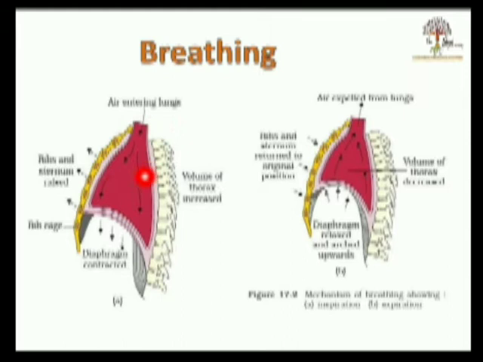Mainly in case of inhalation, as all the structures remain attached to each other, they are pulled downwards, and then the volume of the lung increases, and as a result they create negative pressure in the alveoli, and that results in air entering the lungs.